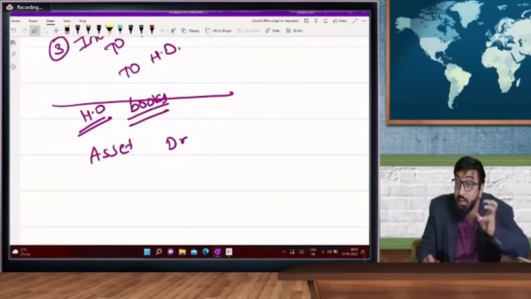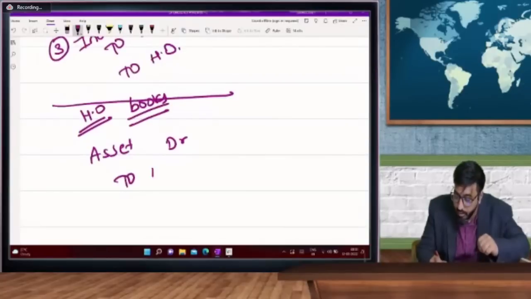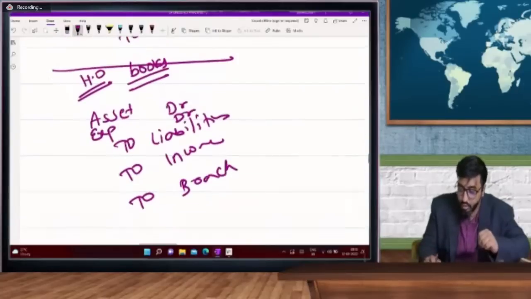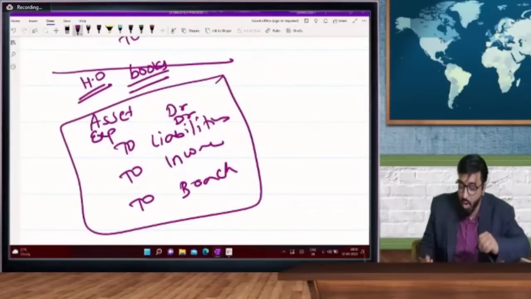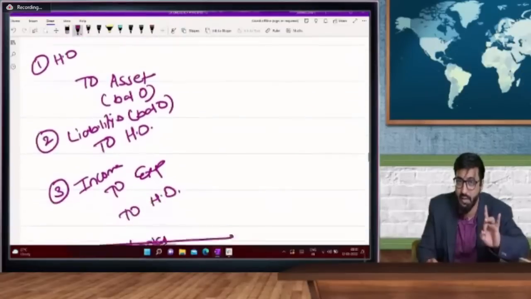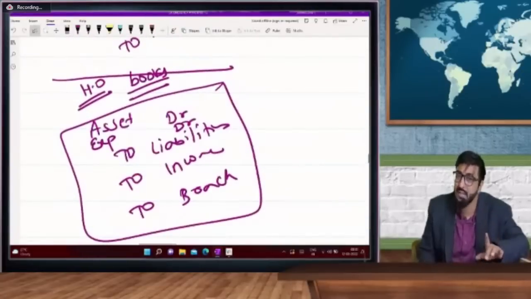They will incorporate it. So asset account debit to liabilities, to incomes, and expenditure will be debited to the branch account. So you can pass separate entries, like the entries above, or you can pass a single entry. Understood?